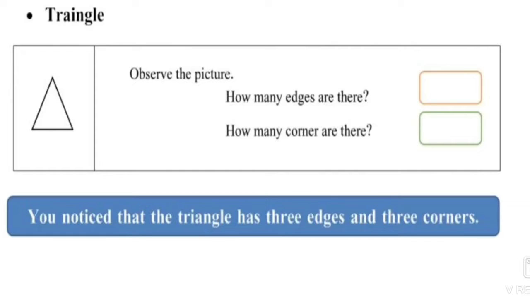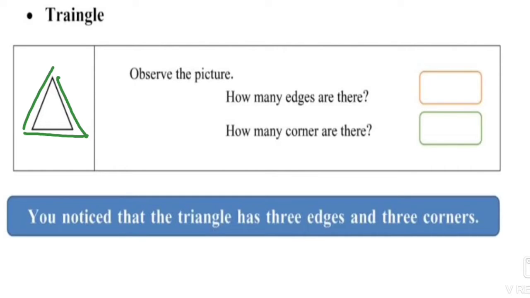Dear students, look at this picture. Which shape is it? It is a triangle. Observe the picture and answer the question. How many edges are there? Let's count. 1, 2, 3. Triangle has 3 edges.